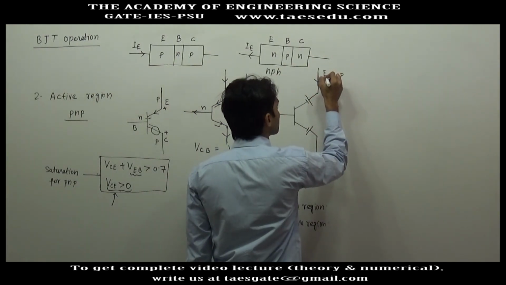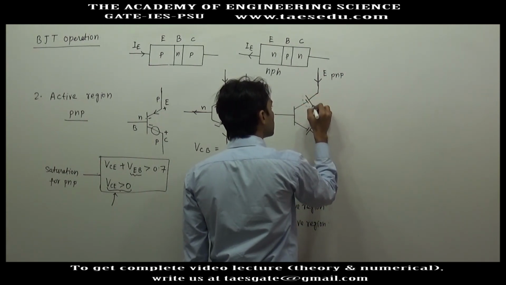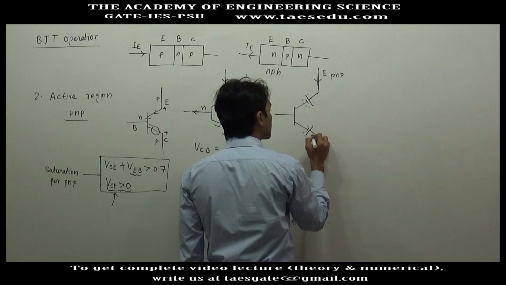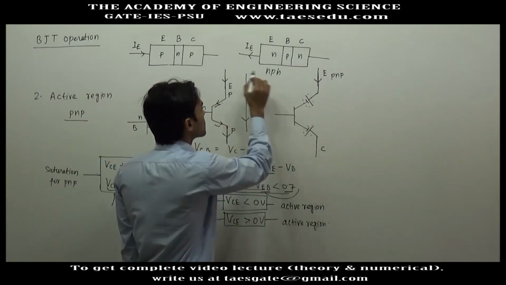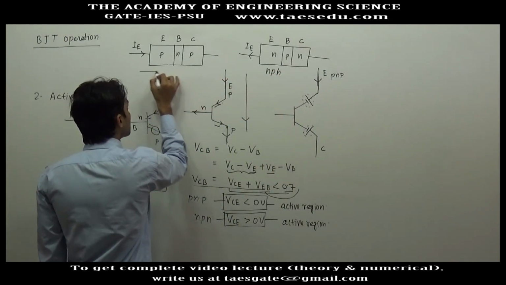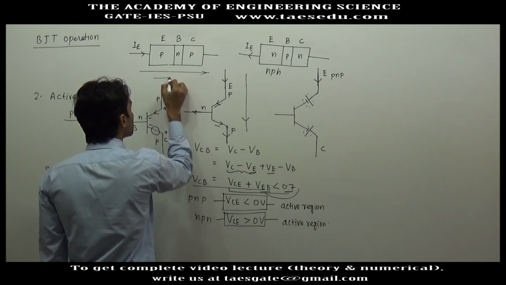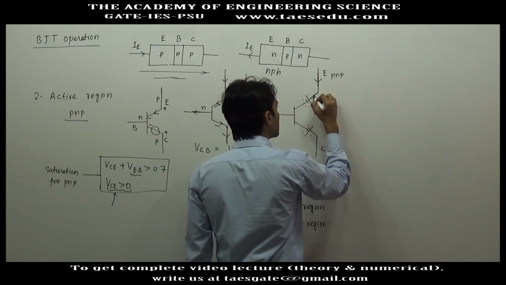This is emitter, this is collector. So these are the voltage drops across junctions. There will be some additional voltage drop because this is a material, this is a PNP transistor. So if current flows in this direction, there will be some internal resistances.